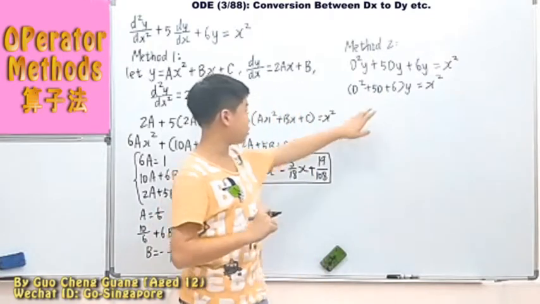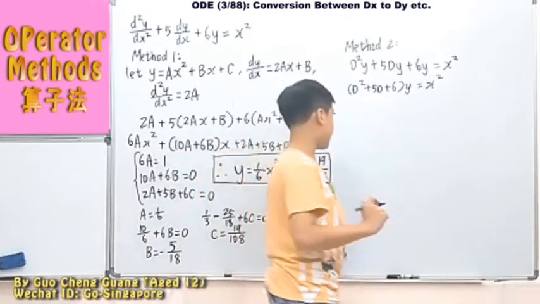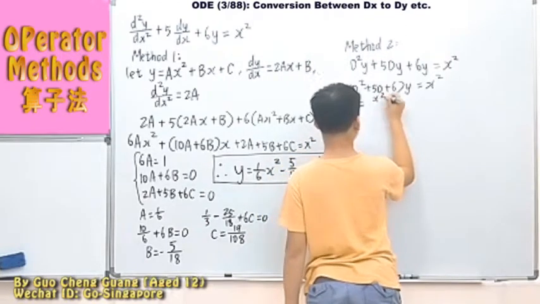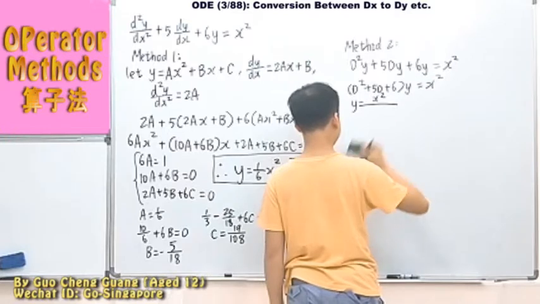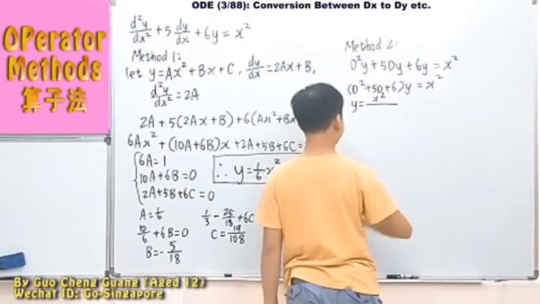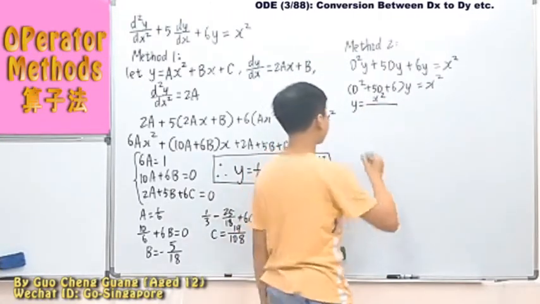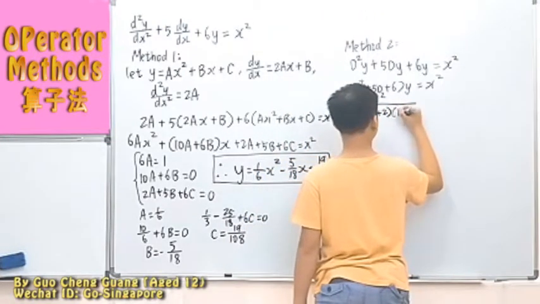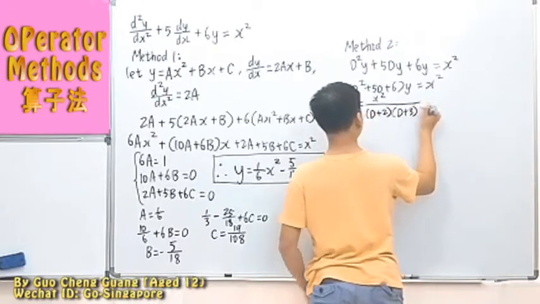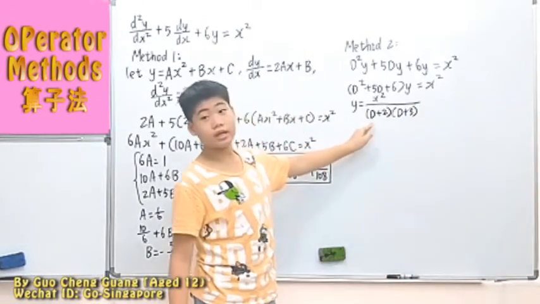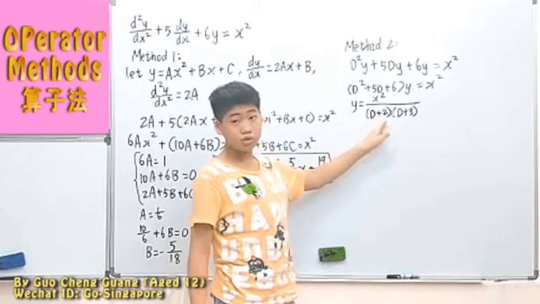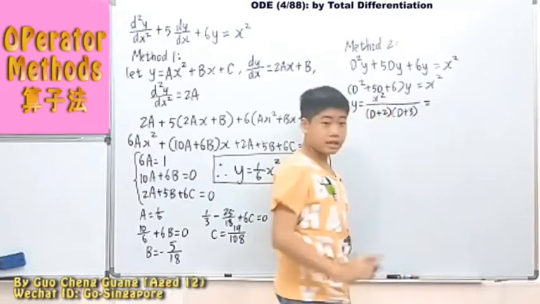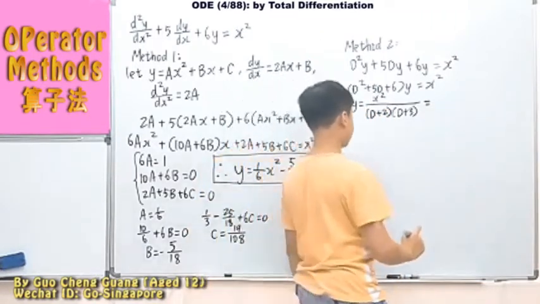Then the next part is to divide to the other side, so you get y equal to x squared divided by this operator. At the same time, we can factorize it, and it can be written as d plus 2 and d plus 3. The next step is partial fractions.